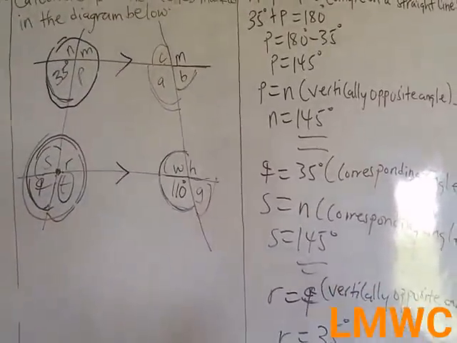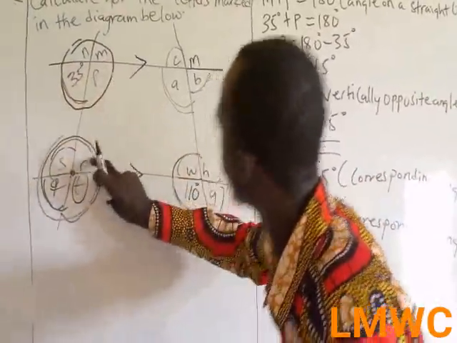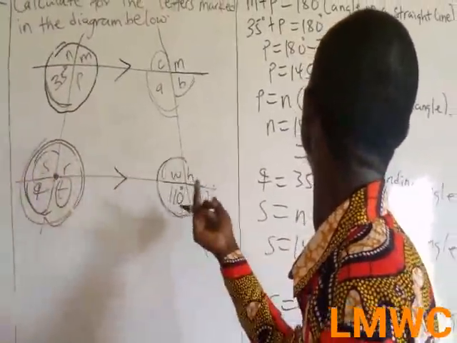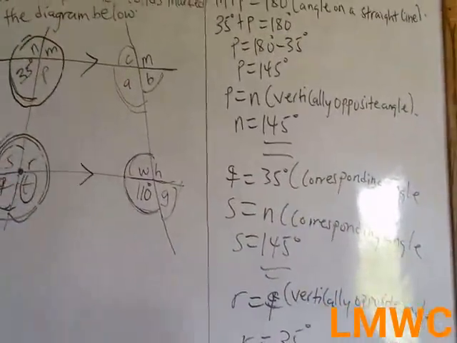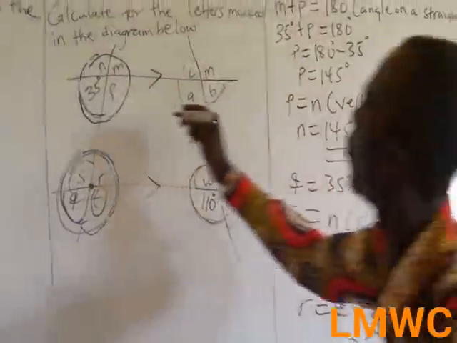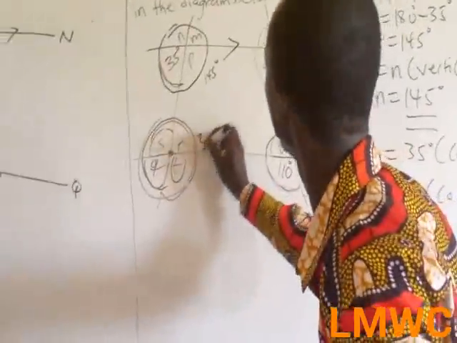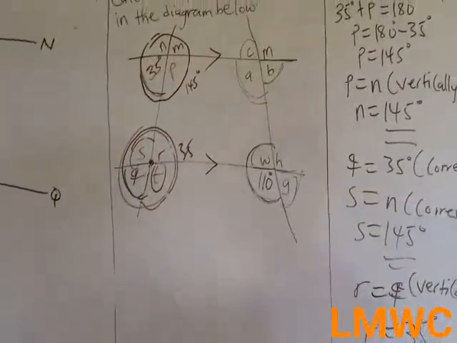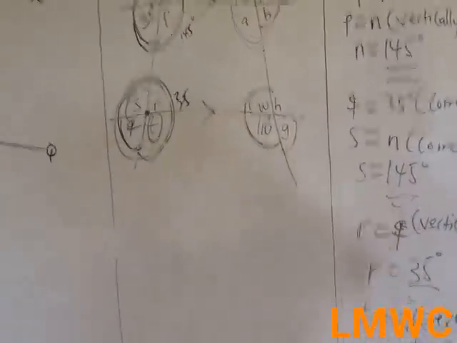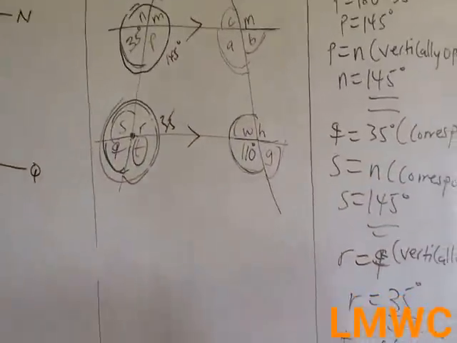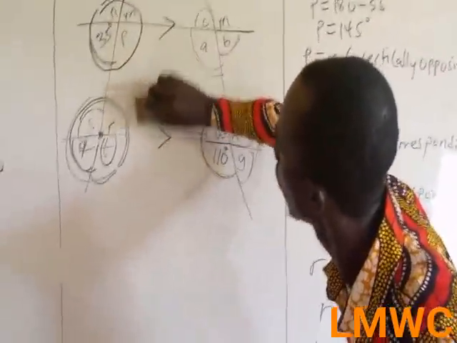Angles within this parallel line. The sum of this will give us what? 180 degrees. Now, what is P? We know our P to be what? 145 degrees. R is what? 35 degrees. You see, we are getting co-interior angle here because the sum of co-interior angles add up to 180 degrees.